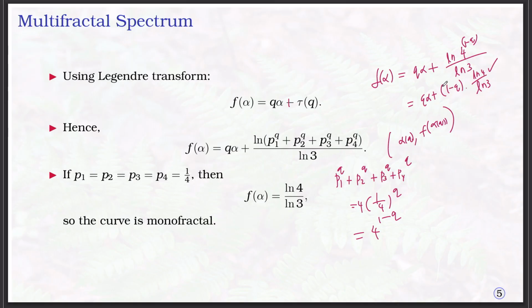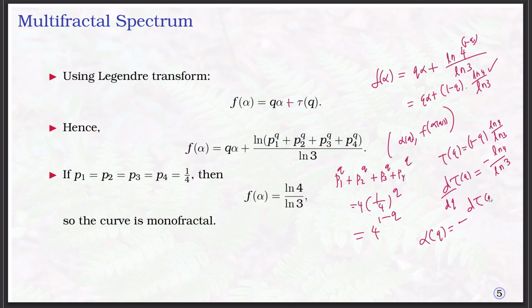If you take the derivative d by dq of tau q, then we will get minus ln 4 by ln 3, and alpha q is minus d tau q by dq.